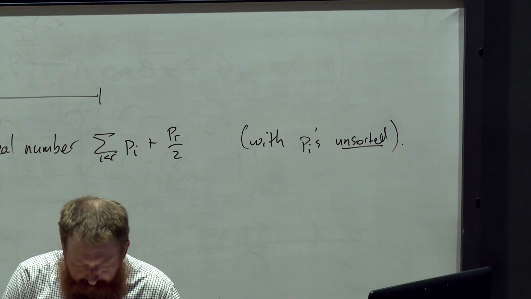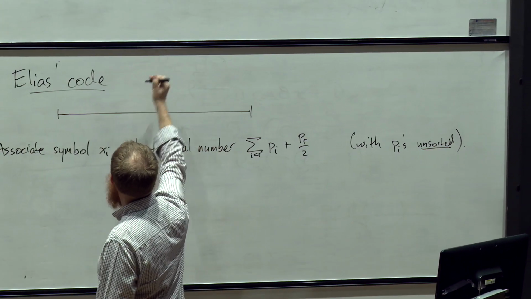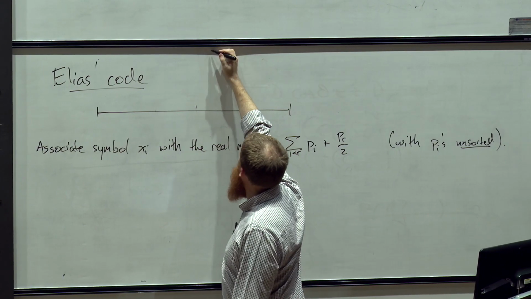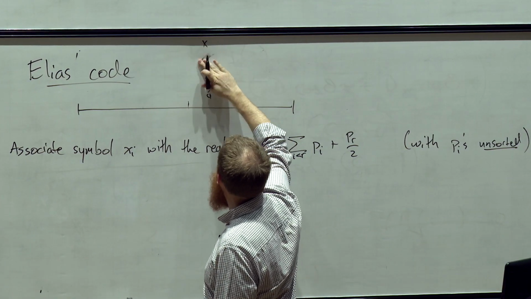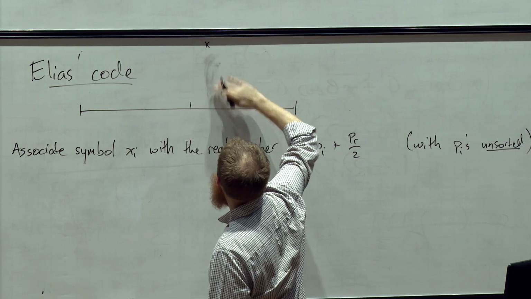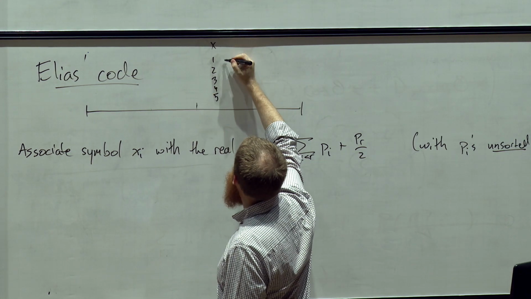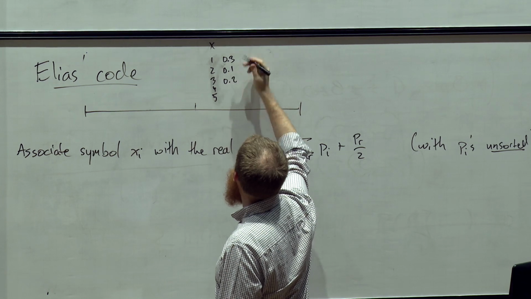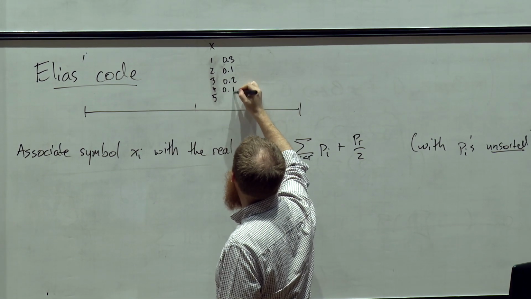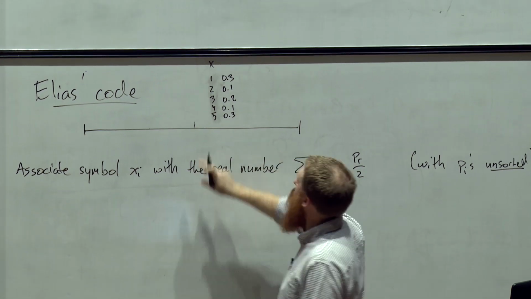So what's happening here? Let's just do an example. So x can be 1, 2, 3, 4, 5. Sorry, we've been starting counting at 1 in this course. And we'll give ourselves the probabilities 0.3, 0.1, 0.2, 0.1, 0.3.